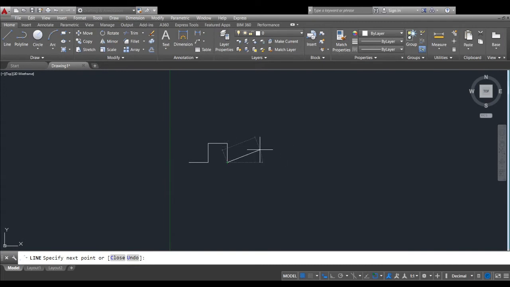For hashtag, don't forget, 4 comma 10, enter. Undo. Hashtag 4, comma 10. Okay. Let's go back to our figure.